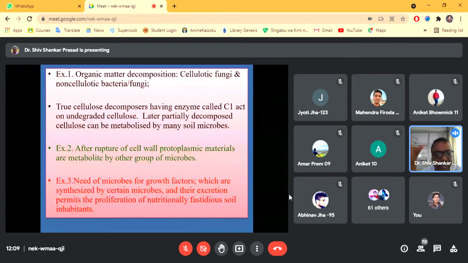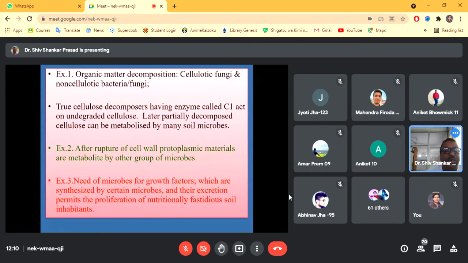So these materials, vitamins and hormones, are used by another group of microbes also. Okay, so the materials which are synthesized by one group of microbes are utilized by another group of microbes.